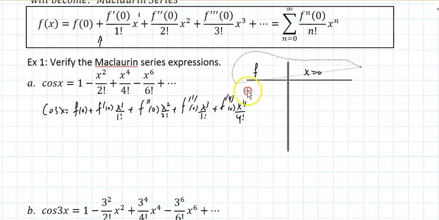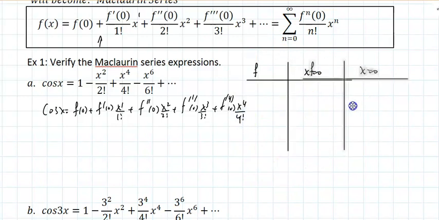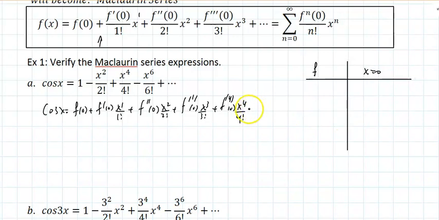Now how many of those terms do I need? I keep on writing those terms normally until I figure out a pattern. In our case, in this class, we just have to write enough to match those. So what's f? F is the cosine of x.